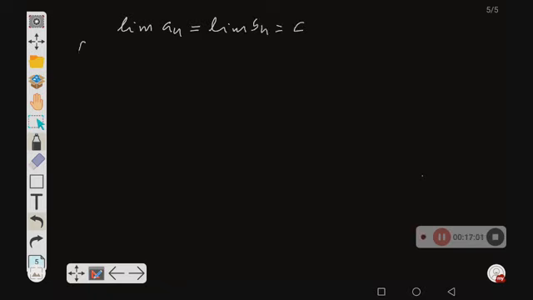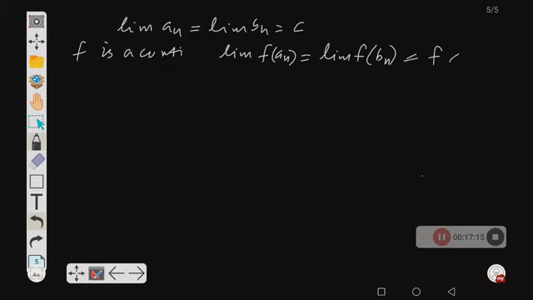And also we know that f is a continuous function. Hence the limit of f of an is equal to the limit of f of bn, which must be equal to f of c, since f is a continuous function.